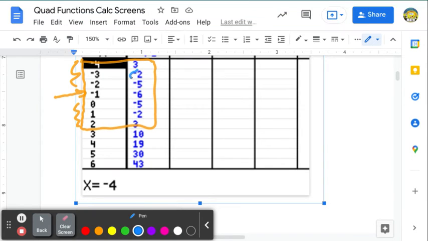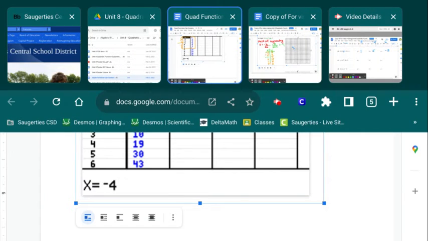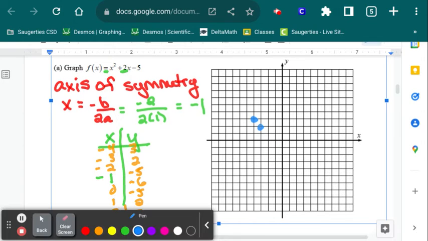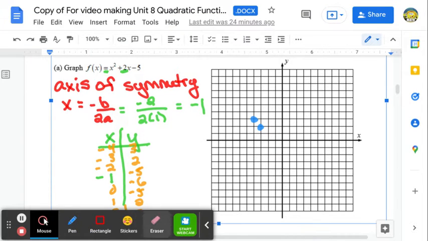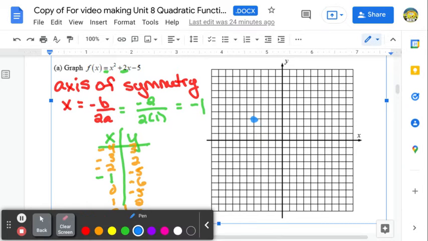Oh, my bad. Look, that's a negative 2. I don't want to clear the screen. I just want to erase that guy right there. Okay, so that should be a negative. Negative 3, negative 2.